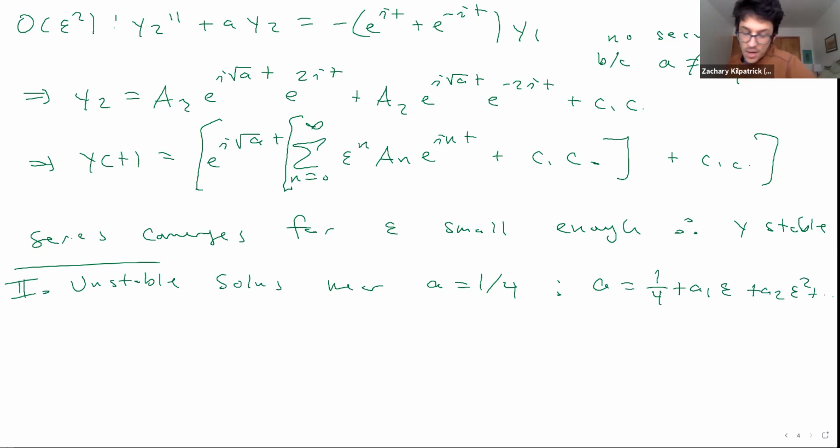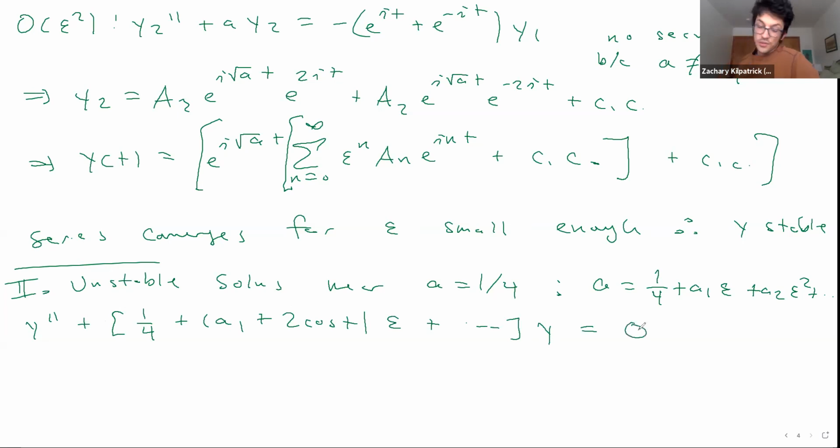We want to ask the question, what values of a as a function of epsilon are going to lead to stable versus unstable solutions. This is essentially going to sketch out for us in a-epsilon space the regions where we have stable and unstable solutions.